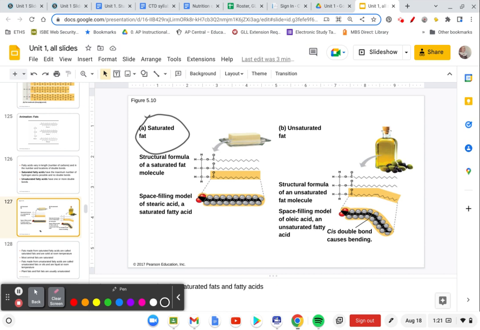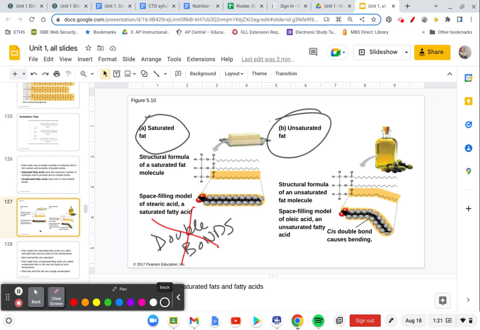And so people will say, so saturated fats must have double bonds. Okay. Saturated fats do not have double bonds. In contrast, unsaturated fats have at least one double bond in them.